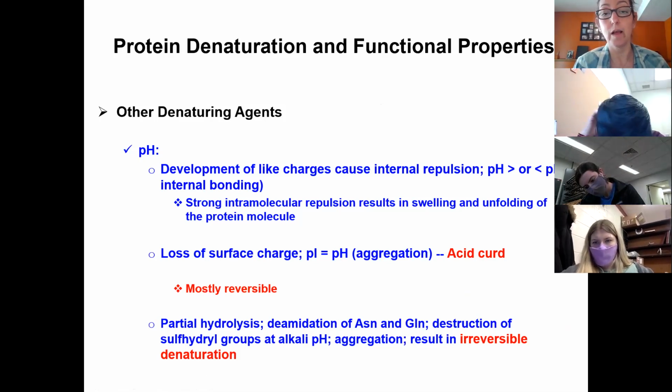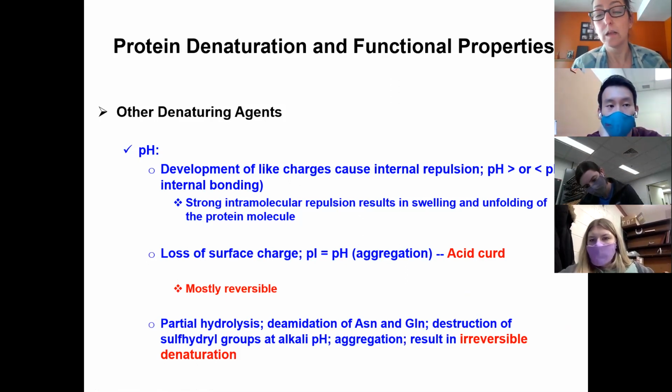On the contrary, if you have the pH at the isoelectric point, then you form aggregates, such as the formation of acid curd, that can be mostly reversible unless it sat there and all of the bonds settled and it formed a strong gel, then it won't be reversible anymore.